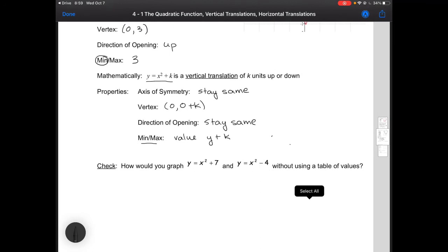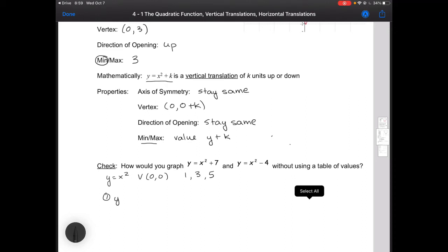Y equals x squared plus 7 and y equals x squared minus 4, without using a table of values. I'm going to start with my base parabola, y equals x squared, where I know that my vertex is 0, 0, and my point pattern is 1, 3, 5. So over 1, up 1, over 1, up 3, over 1, up 5.